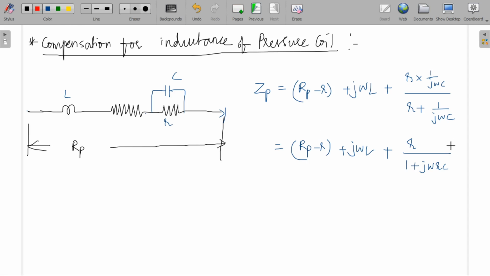Let me rationalize this, multiplying by 1 minus j omega RC.